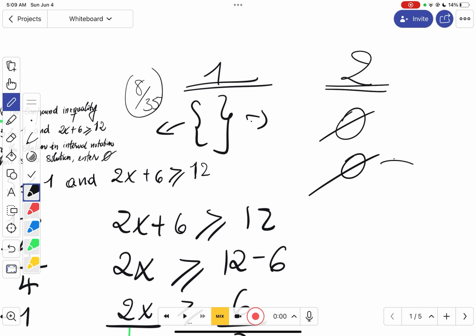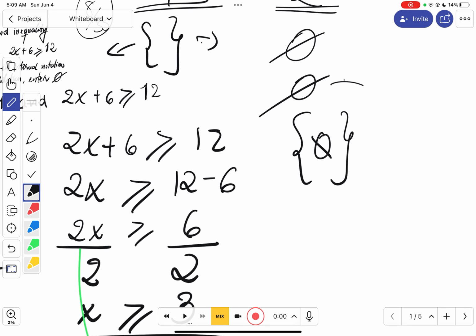But don't do something else, because my teacher said in class that if you do that on the test, you'll lose the point, because that's not the way to do it.